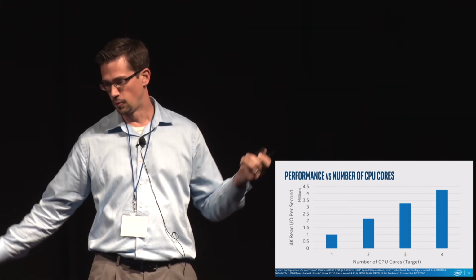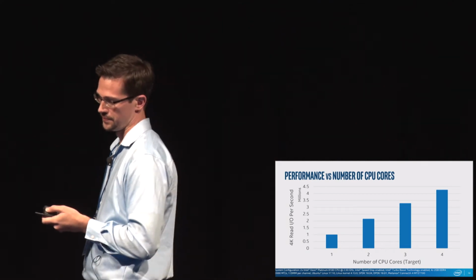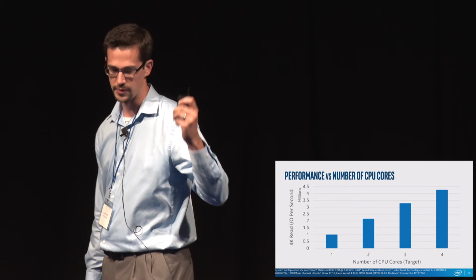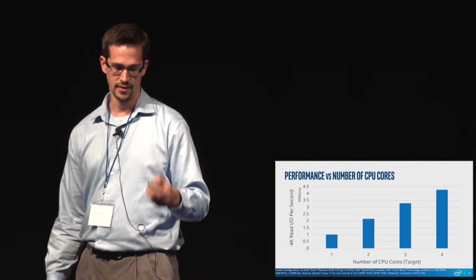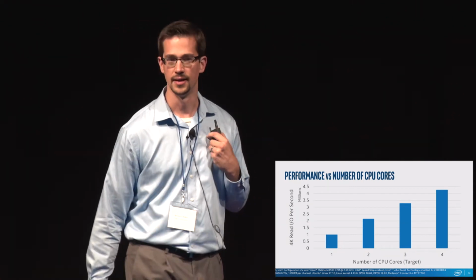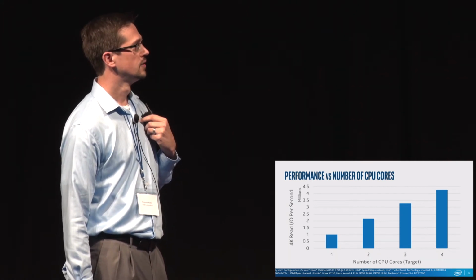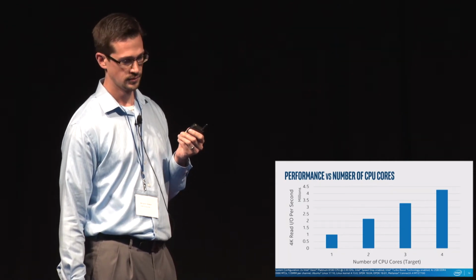Basically, 1 core can do about 50 gig worth of RDMA network transfers. 2 cores can do 2 million 4K IOPS, a little more. 3 cores is a little more than 3, and 4 cores is 4.25 or something, which is about where the NIC is capping out. So perfectly linear scaling as you go. All right, and then I'm ready for questions.